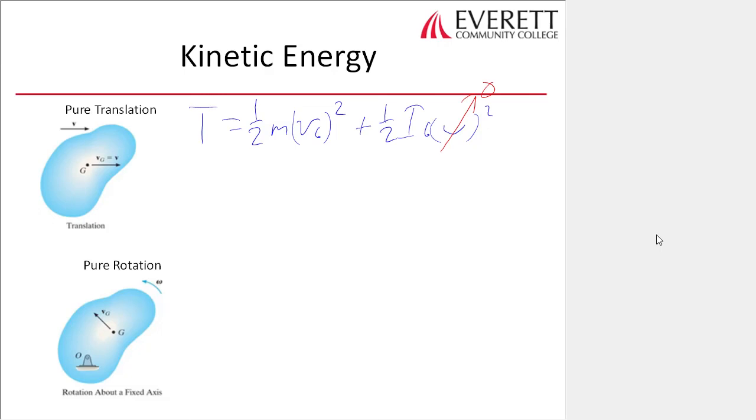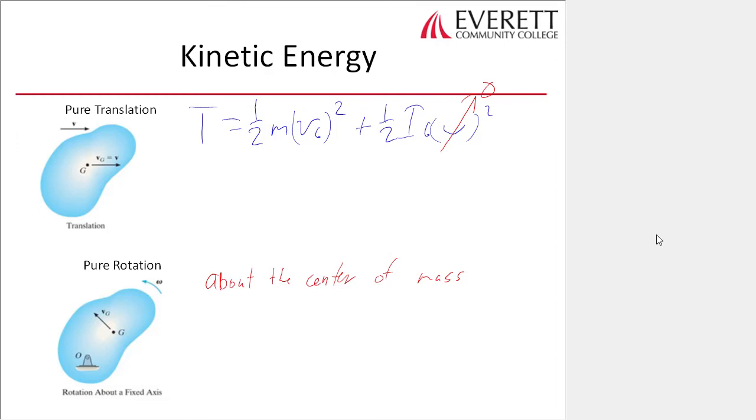If it's pure rotation about the center of mass, which it's not in this picture, right? If it were rotating about its center of mass, which is actually what happens if I throw something. My turn to throw something again. If I throw an object and I rotate it, in the air it's rotating about its center of mass.